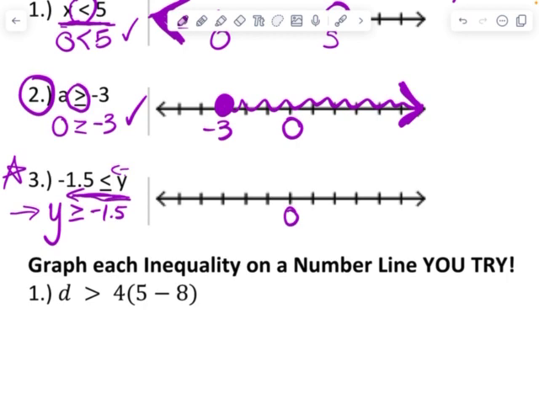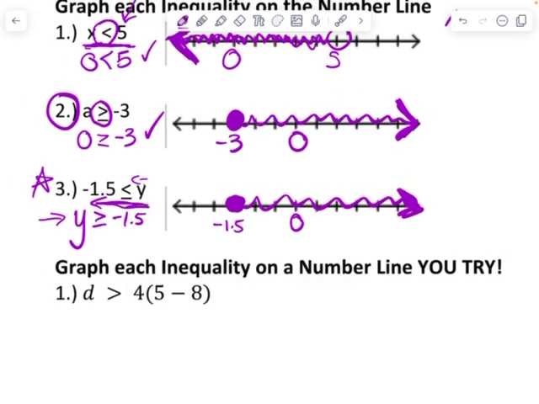Now I'll worry about graphing this inequality. 0, we can do negative 1.5 right here. Greater than or equal to, close that point. And where are my values that are greater than or equal to negative 1.5? To the right.